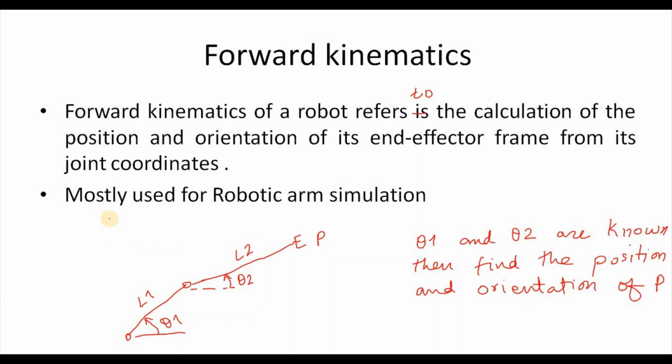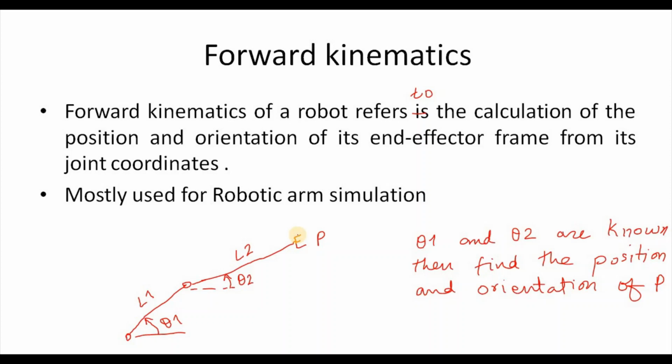So mostly forward kinematics is used in robotic arm simulation. What happens is that during the simulation of a robotic arm, you give it some kind of input and then your robot moves to that point.